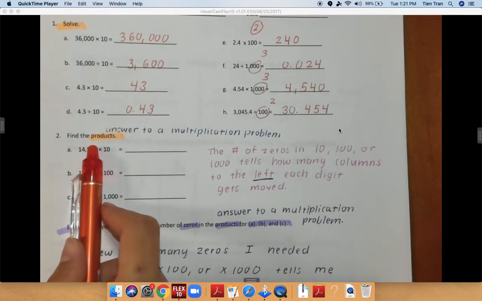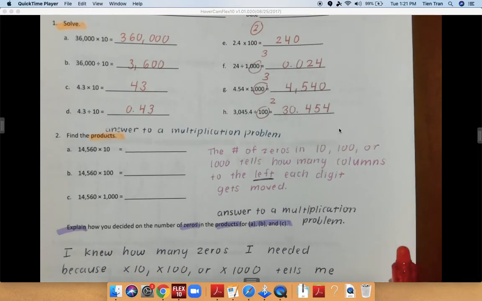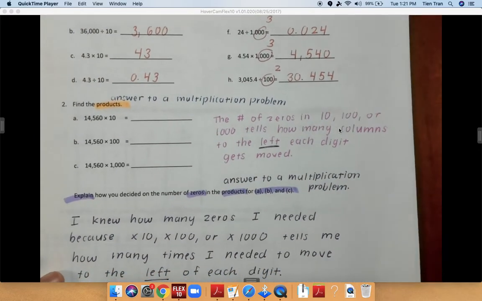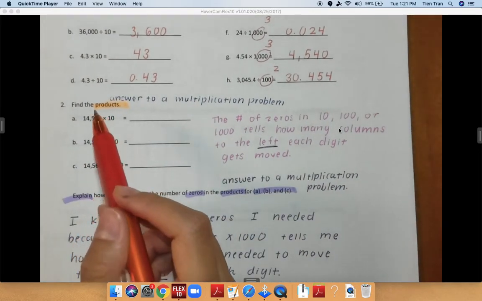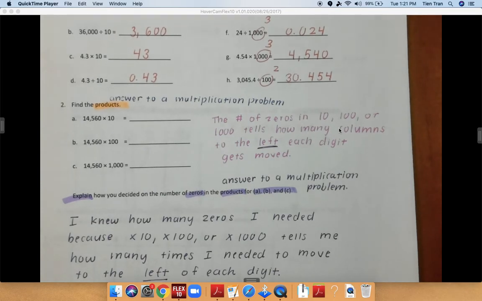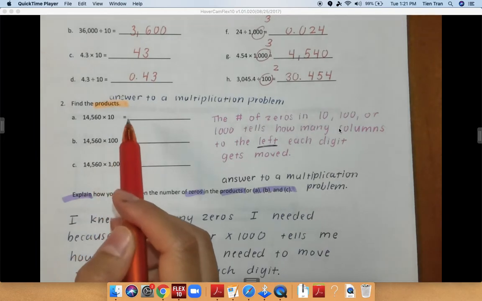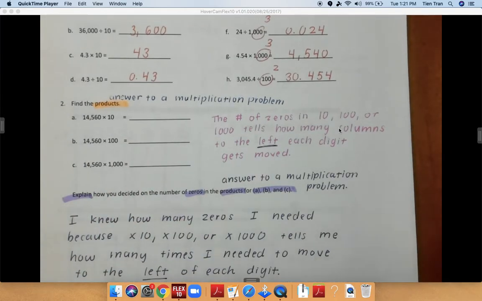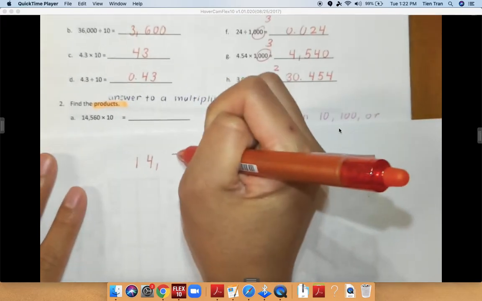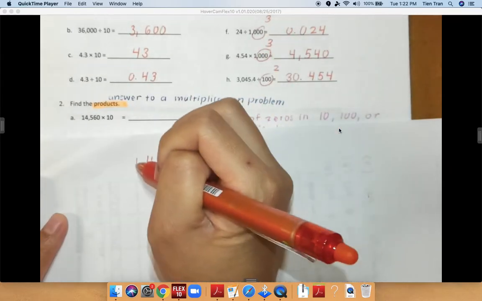Okay, now problem number 2. They ask you to find the products. A product is the answer to a multiplication problem. So we have 14,560 times 10. That means that my number is going to be increasing because I'm multiplying, right? So that's what I'm going to write down right here. 14,560.